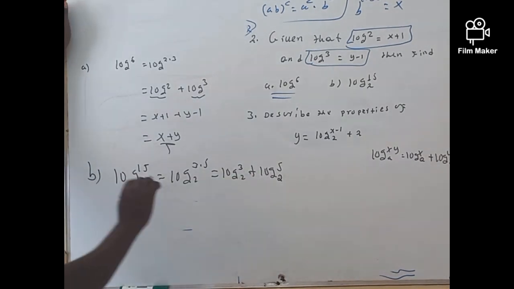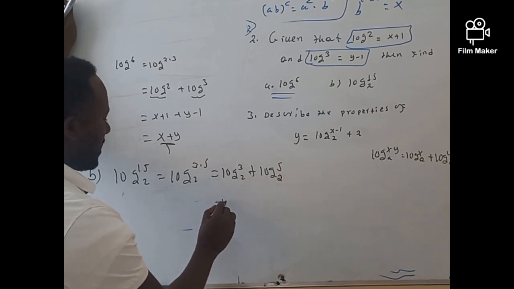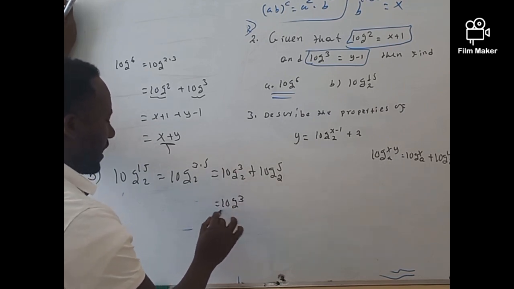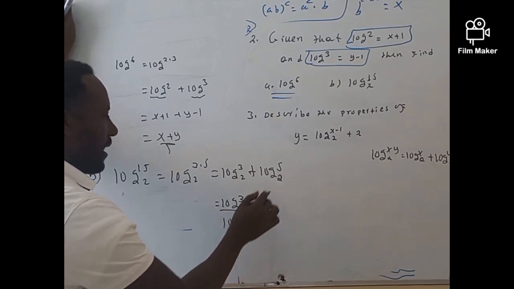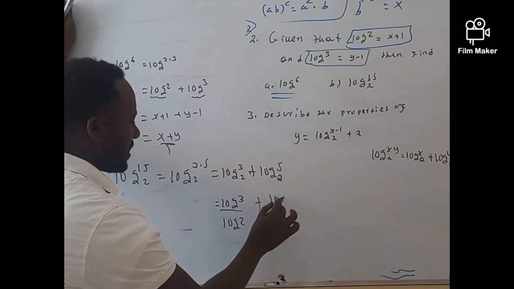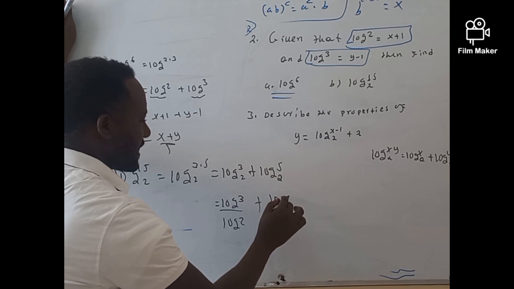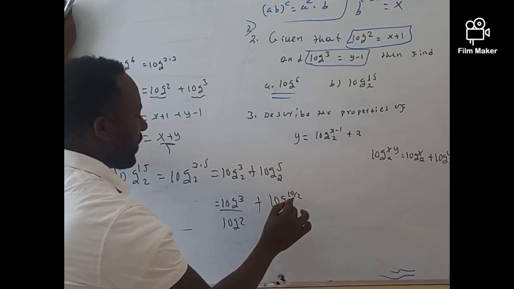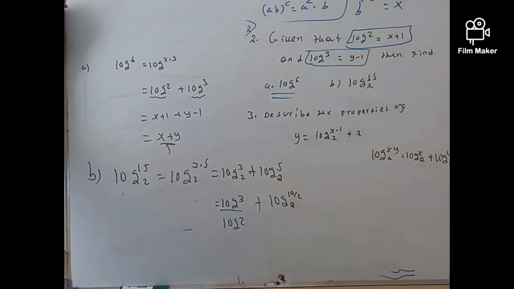And again, this is given by what? What's log 3 to the base 2? I think this is exactly the logarithm of 3 to the base 10 over the logarithm of 2 to the base 10. Plus, again, the logarithm of 5 to the base 2 is the logarithm of 10 over 2 to the base 2, which can be written as 10 over 2.